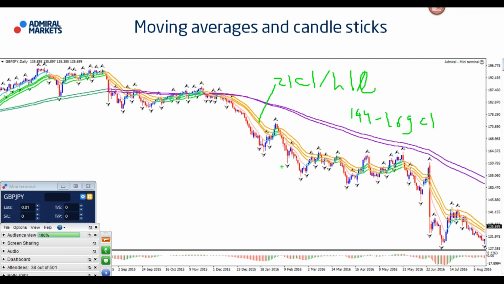They create what I call a band. And that band basically is a rough indication, a rough zone of where price can turn, pull back to before continuing with the trend.